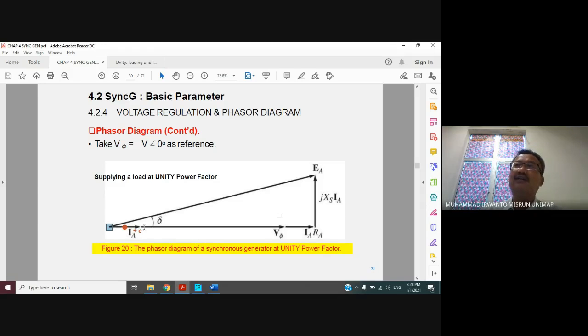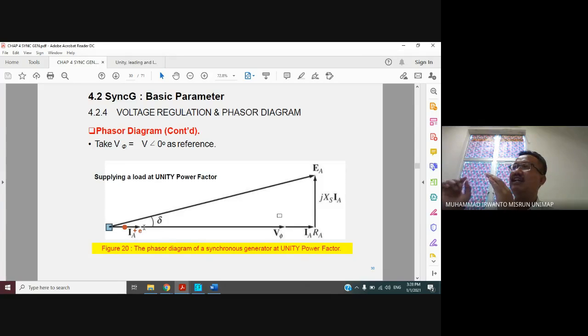After that you can draw the voltage drop in the armature resistance, meaning you have the RA value, IA RA. How many volts? Follow the scale. You draw IA RA as a vector.